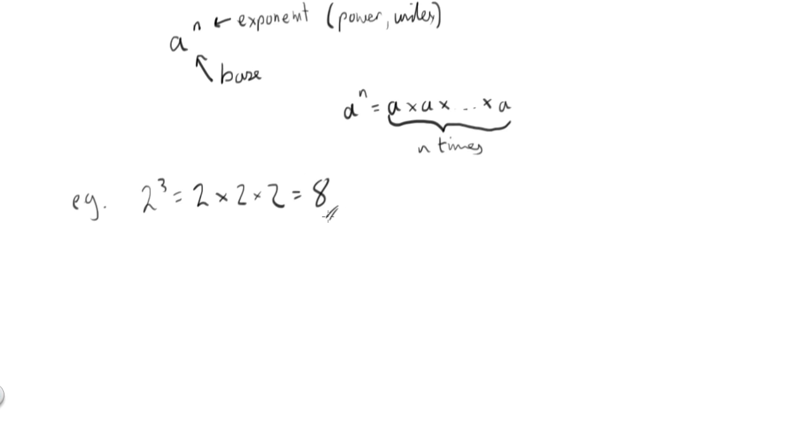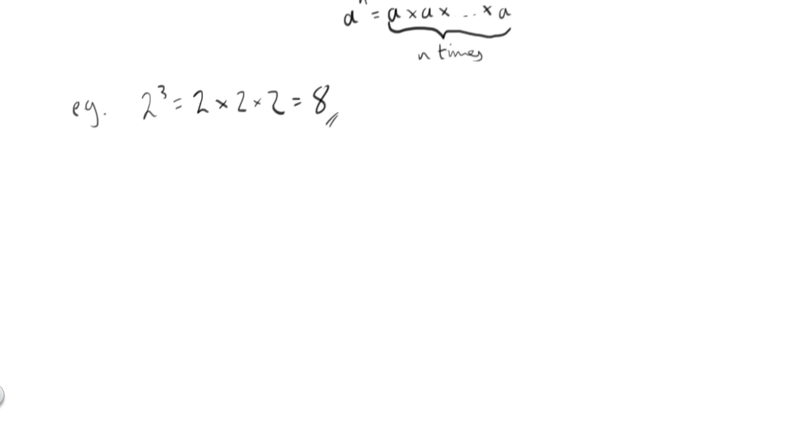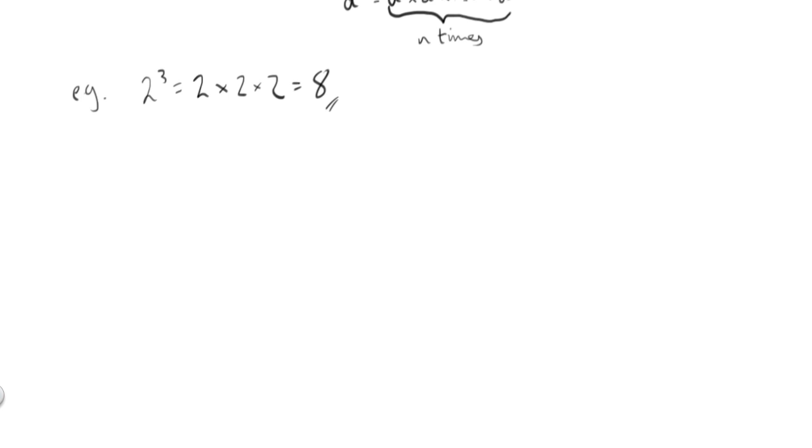And if we do the powers or exponents or indices, whatever you know them as, I'm going to talk about 3 laws of indices which can help us. So the first law is to do with multiplying indices.